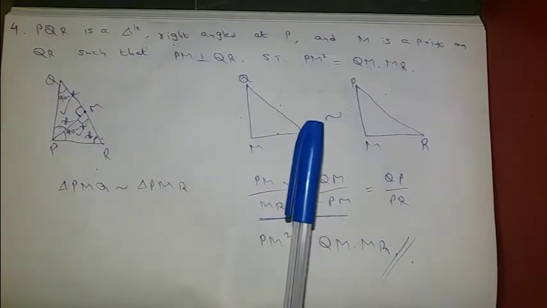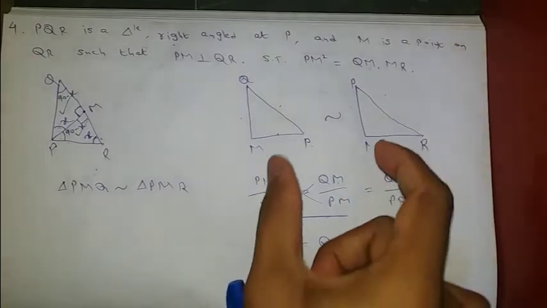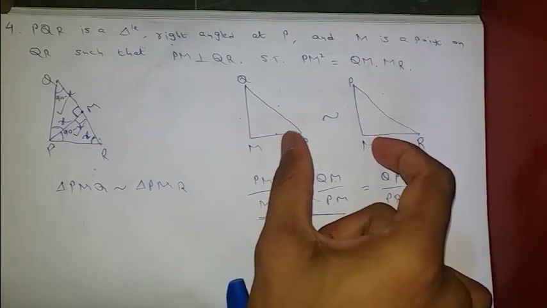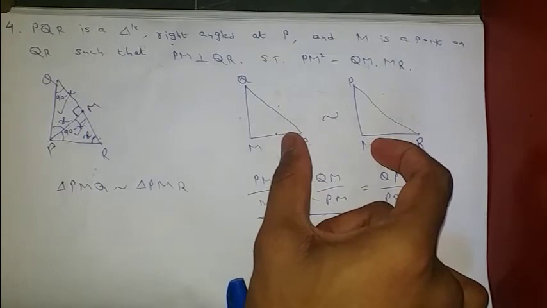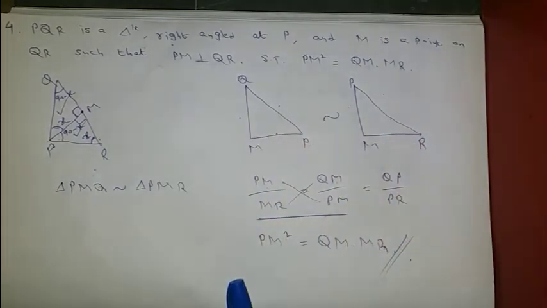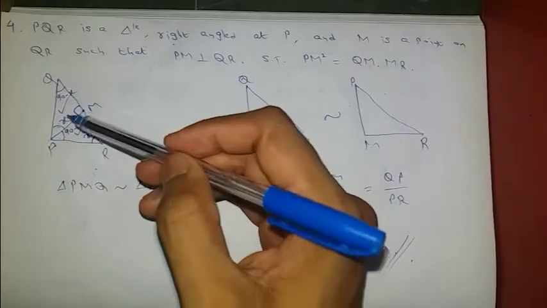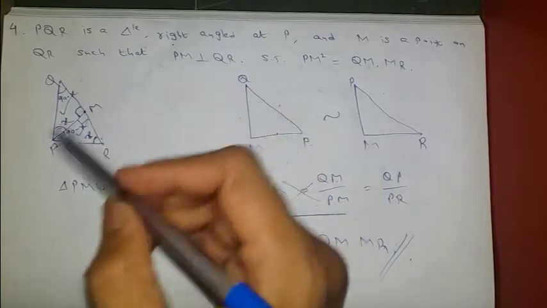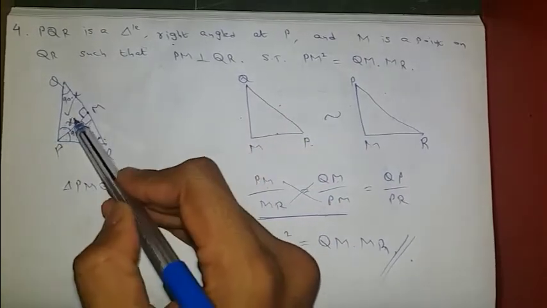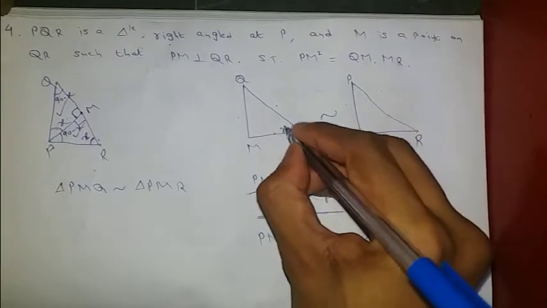Most of the students will make a mistake here only. If you are able to draw those two figures perfectly, it means the corresponding angles should be equal. Now if we observe this upper triangle, angle QPM is x.